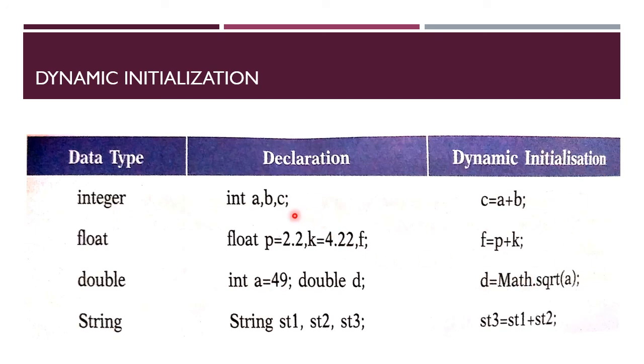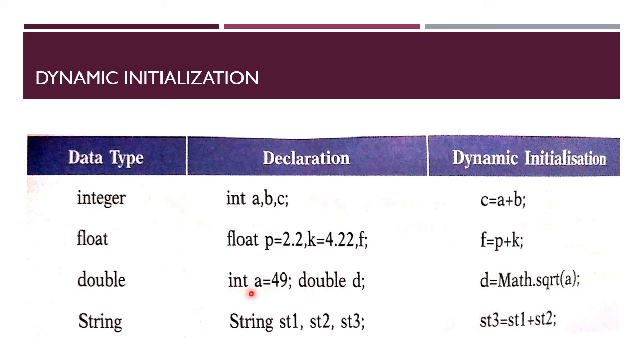Here these are the examples for float, double and strings. String st1, st2, st3. St3 is equal to st1 plus st2. Here the plus acts as the concatenation operator. These are string type variables, so these two strings combine and get stored in another string variable called st3.